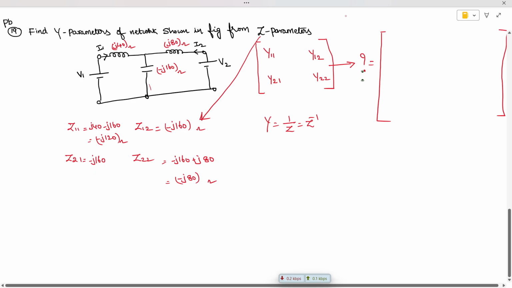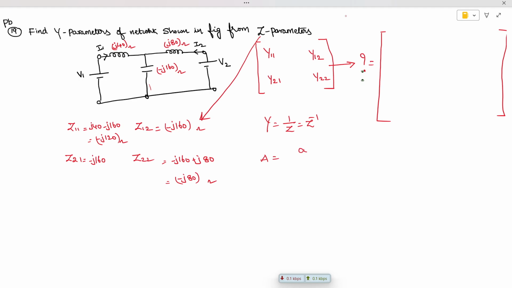Generally, if you have A given with elements A, B, C, D, then A inverse is nothing but 1 by determinant. Determinant is AD minus BC, and the diagonal elements get swapped.